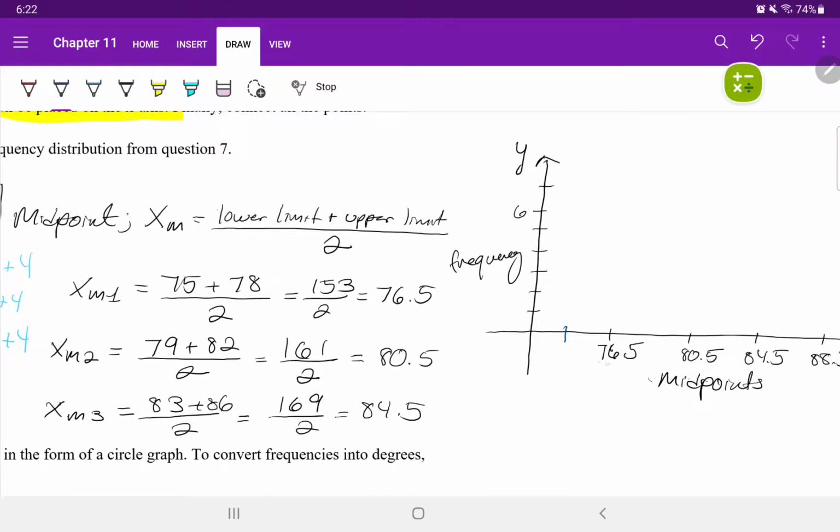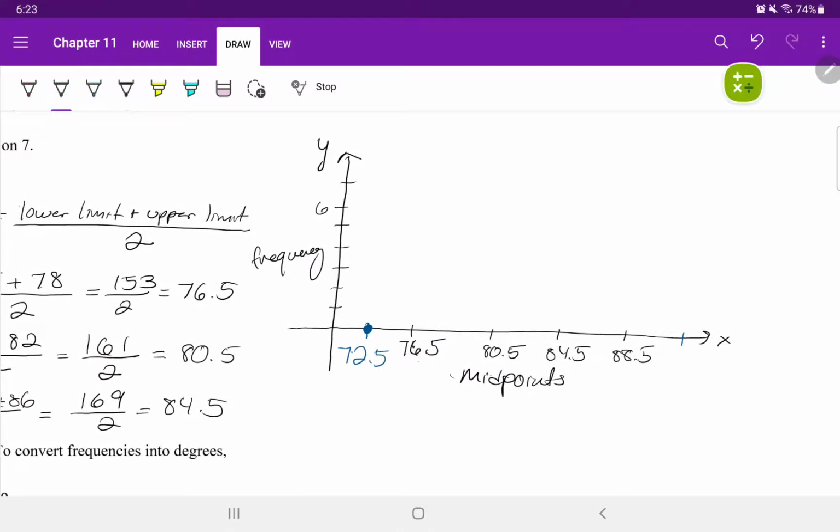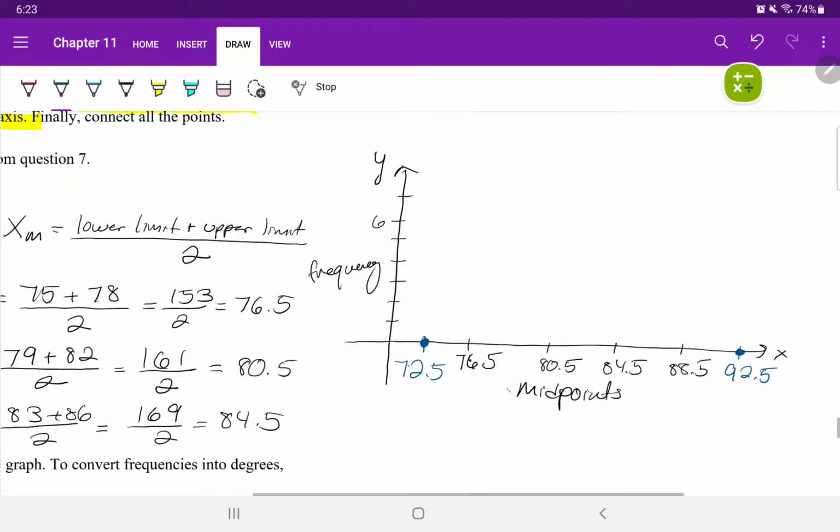So if I'm at 76.5 and I want to find one midpoint below that, I'm just going to subtract 4. 76.5 minus 4 is 72.5. And we're going to place that dot right on the x-axis because that is our starting value. And then to find this value, we're just going to add 4 to 88.5, which gives us 92.5. And that's going to be the ending value, the ending of our frequency polygon.